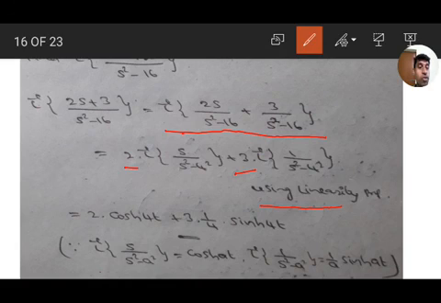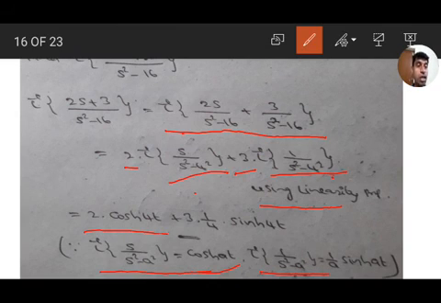By using the formula, L inverse of s by (s square minus a square) is cos h of at, and L inverse of 1 by (s square minus a square) equals 1 by a sin h of at. In both the formulas a equal to 4. So we get the answer 2 into cos h of 4t plus 3 by 4 into sin h of 4t.